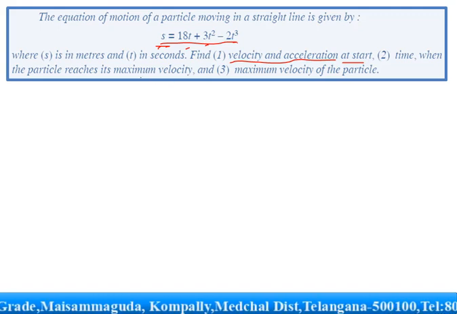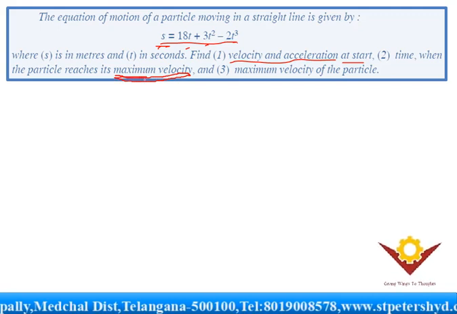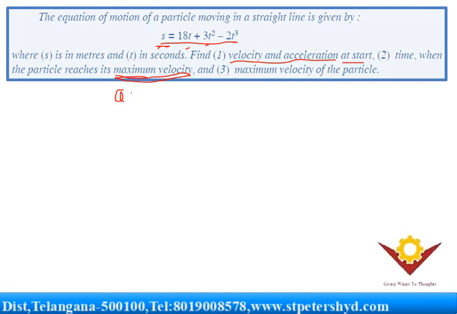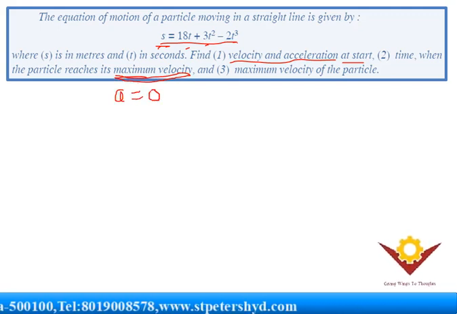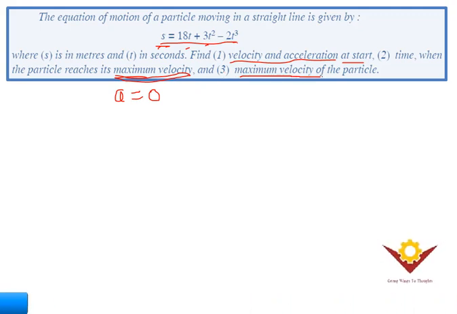Here, when velocity is maximum, your acceleration is equal to 0. At maximum velocity, your acceleration is equal to 0. Remember this. So we require the maximum velocity, the time, and the velocity and acceleration at the starting point. Now, how to solve this?